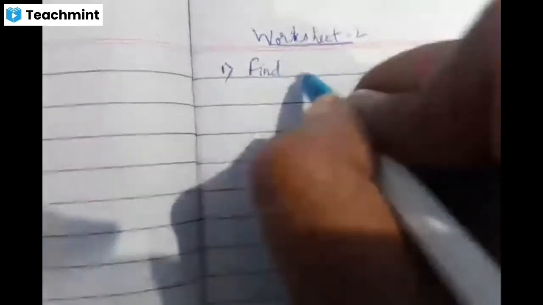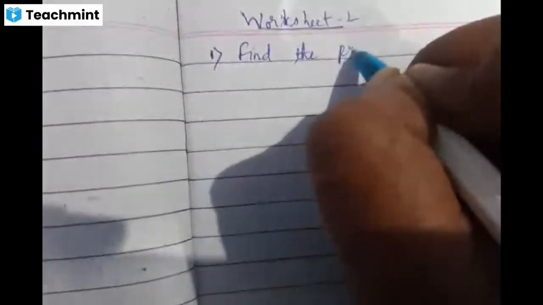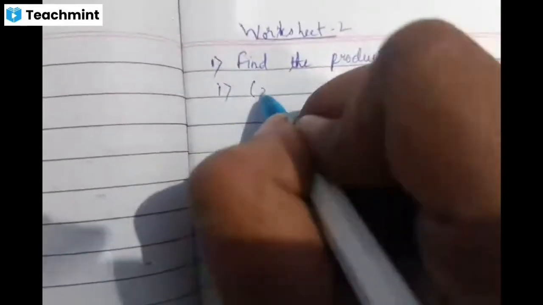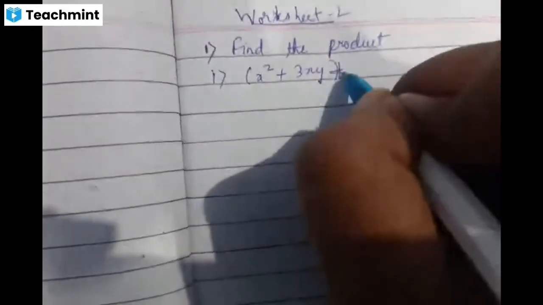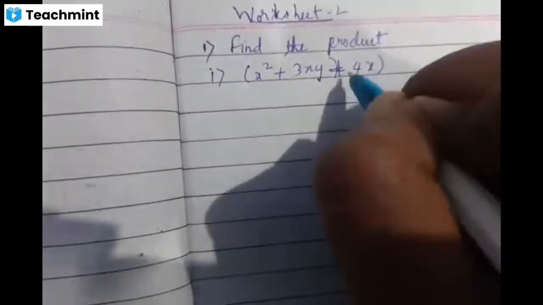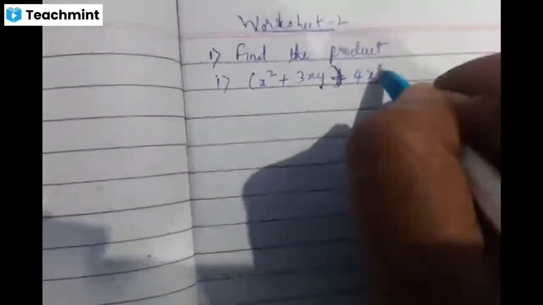Children, with this explanation, let us solve some of the problems from worksheet number 2, so that you can understand well. First one is find the product. In that first one, you have x square plus 3xy, and outside you have 4x, children, sorry.